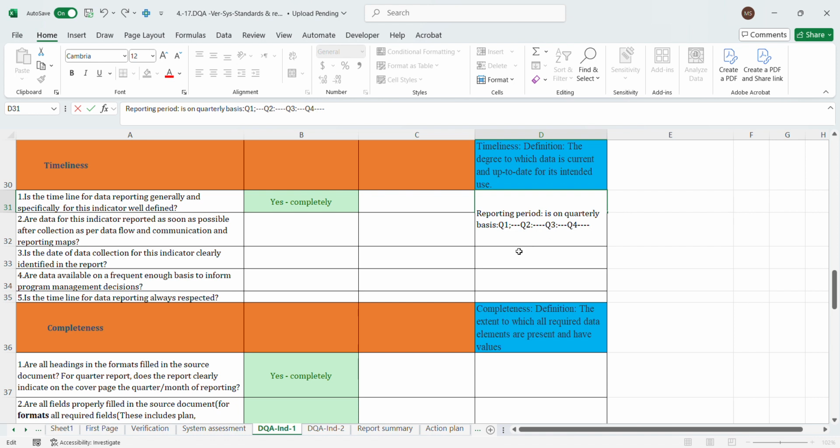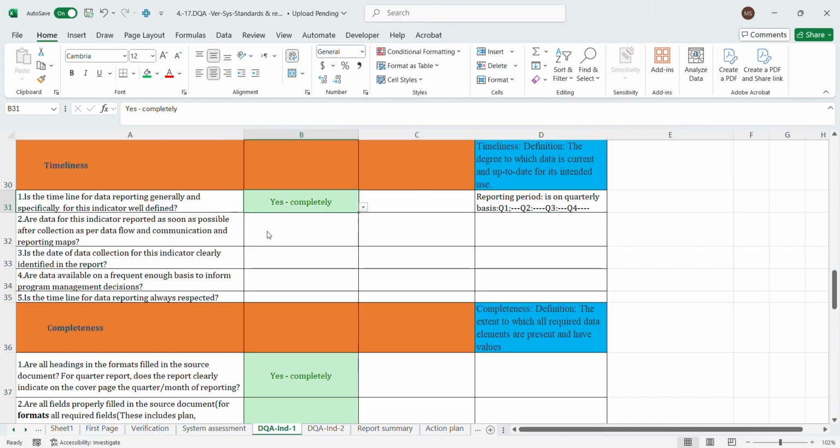We are expected to indicate the standard if there is an existing standard. If it's not existing, we can say partly. So it's not defined.